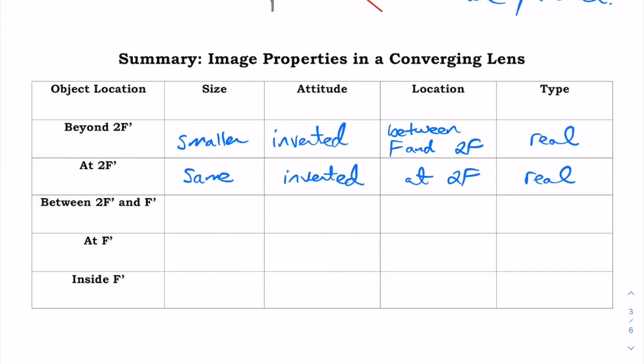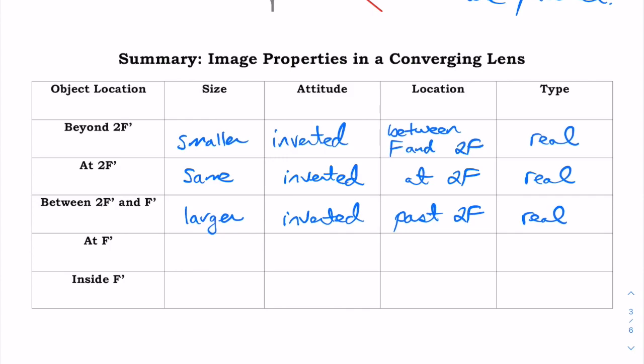When we place the object between 2f and f, the image was larger, inverted, it formed past 2f, and finally it was real as well.